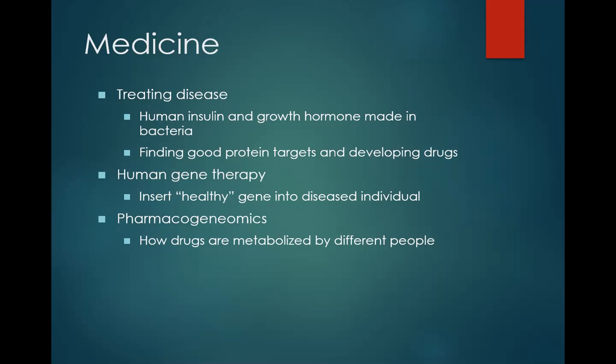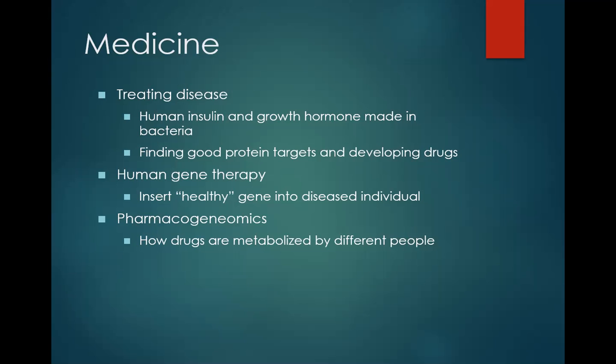Other ways that we can use this is using molecular genetics to discover what the protein target of a drug should be. And if we can do that, we can discover how to develop drugs against that protein target. The Pompe example was a good example of that. We're moving towards human gene therapy.